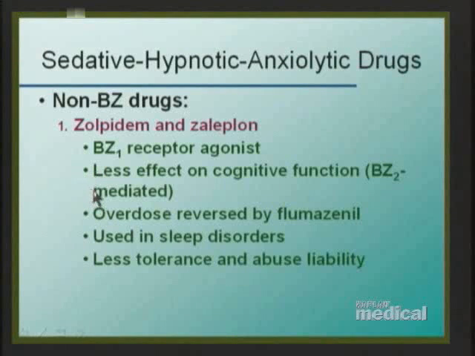Because they're benzodiazepine receptor agonists, they are reversed by flumazenil, in spite of the fact that they're not benzodiazepines. They're purely used in sleep disorders and are associated with less tolerance and abuse liability than benzodiazepines themselves.